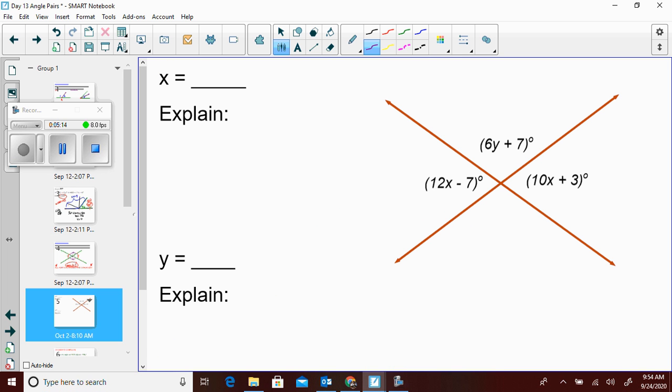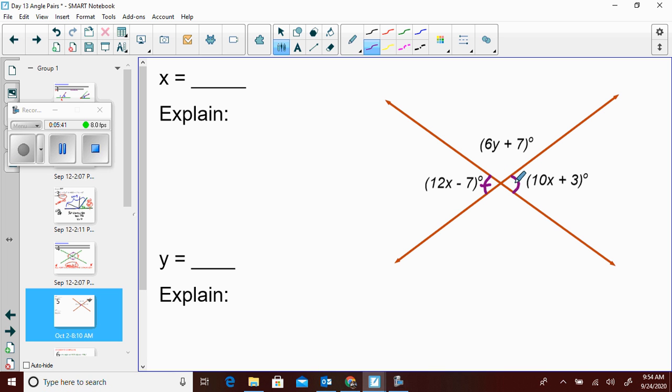Let's apply it. Let's look at x. So if I'm looking at this problem here, I have multiple ways to set up. I can do here and here, or a linear pair, but that's an x and a y. I don't want to deal with an x and a y if I don't have to. I want everything in one variable. I have another set of linear pairs. I could solve like that and do a system, but why make it difficult on myself? Let's look at this angle and this angle.